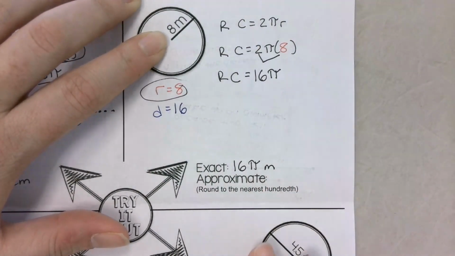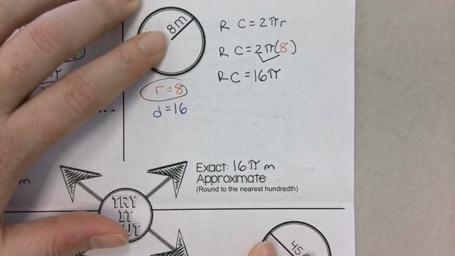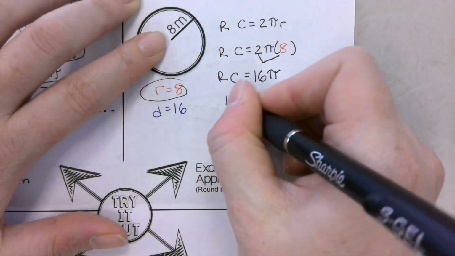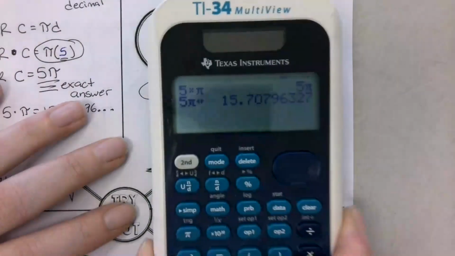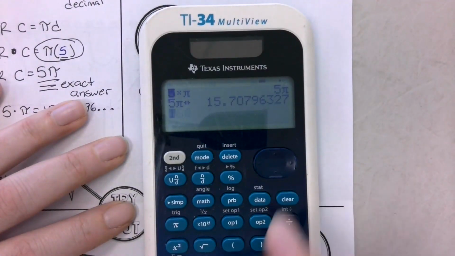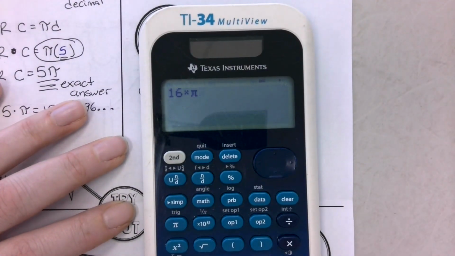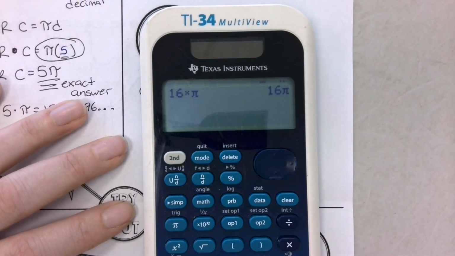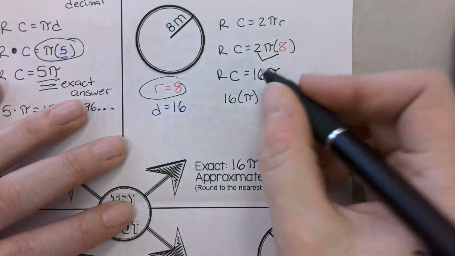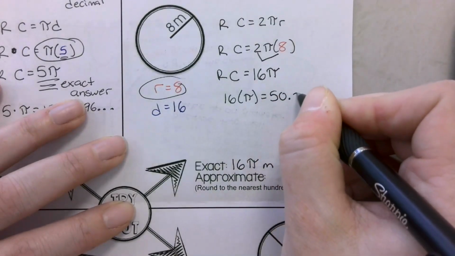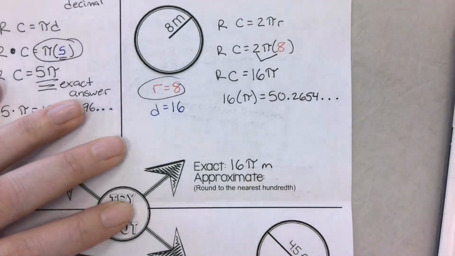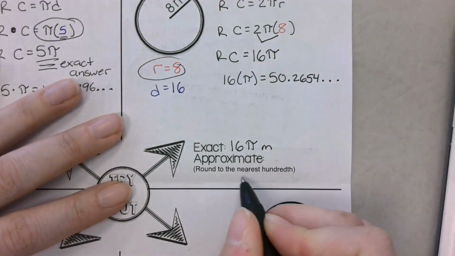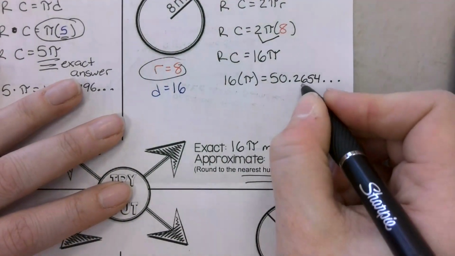To find our approximate, we're going to do 16 times pi in our calculators. Again, don't forget, if you do 16 times pi, it might spit out 16 pi to you, and you hit the double arrows, so you get the decimal approximation of 50.2654... This approximation asks us to go to the nearest hundredth, so 2 places.